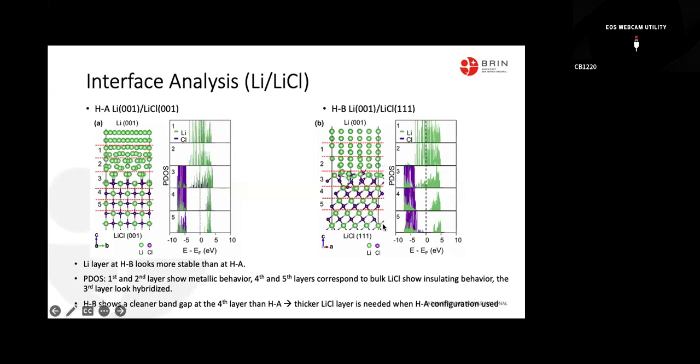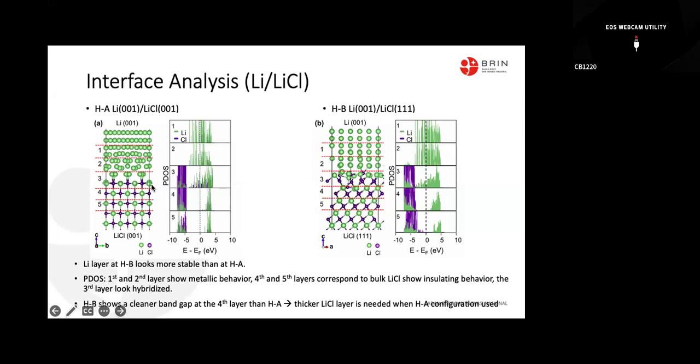So we compare two orientations, HA and HB. The HA structure shows significant distortion at the lithium surface, while HB remains stable, consistent with its lower formation energy. The partial density of state reveals that the first two layers reflect bulk lithium metal, while the third layer, where lithium contacts lithium chloride, shows hybridization.